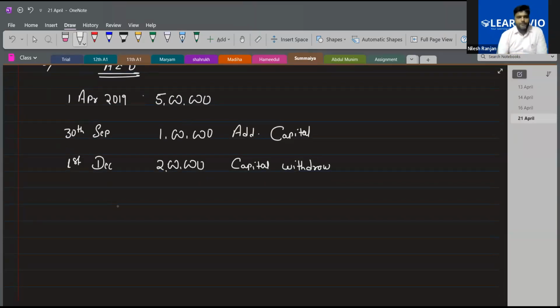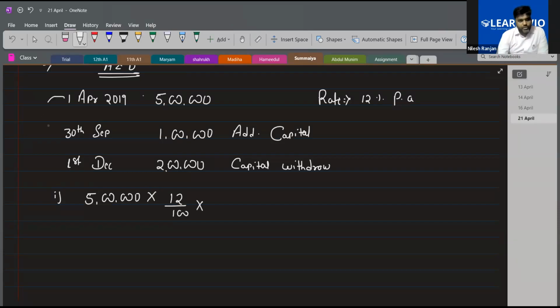Now, first the simple method. If we are using the simple method, then we will use 5 lakh into, let's say the rate of interest is 12%. So 5 lakh into 12 by 100 into, from this point to this point, it will be 6 months.